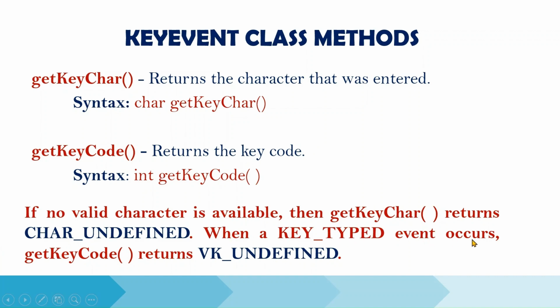When a key typed event occurs, getKeyCode returns VK_UNDEFINED, because your character is available, you have specified the character, not any key code. So when you specify the character and still apply the getKeyCode method, it returns VK_UNDEFINED. If you don't specify the character, and instead specify the key code, then you can get the answer here.